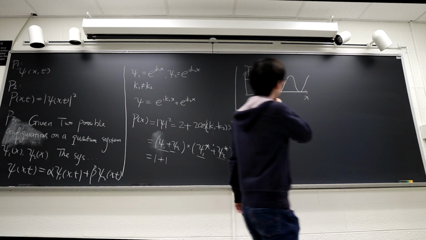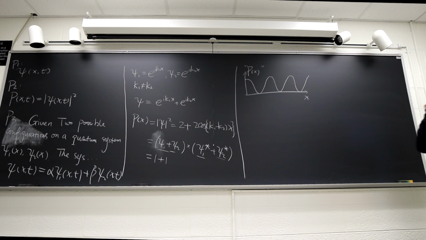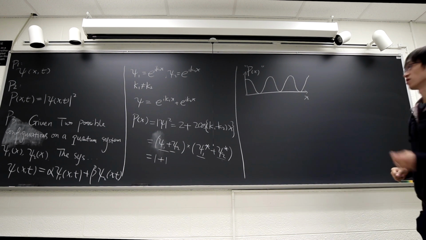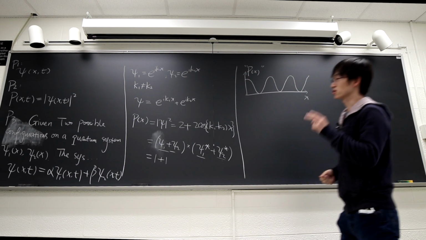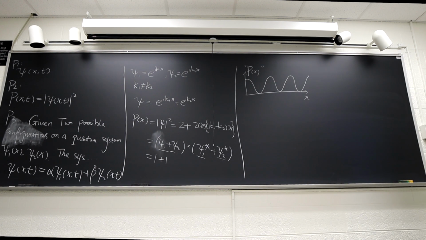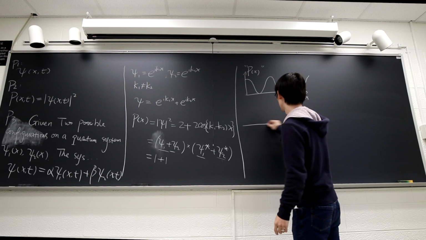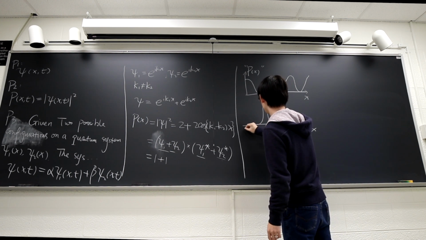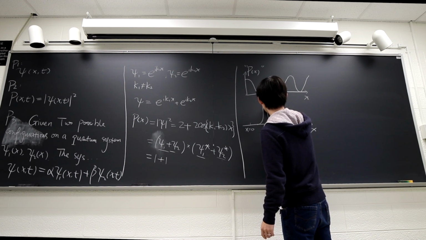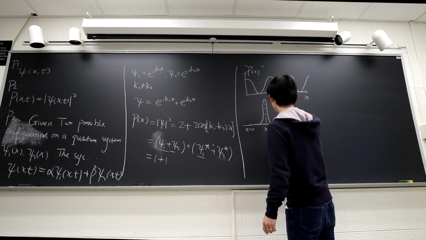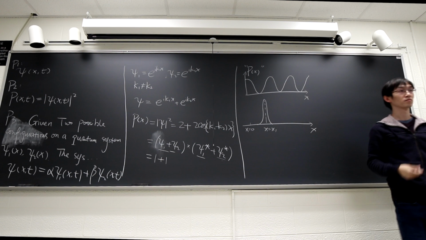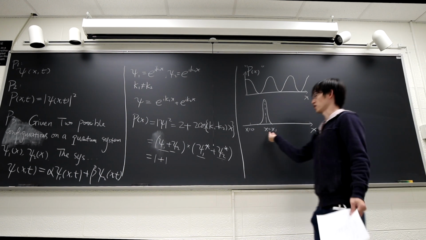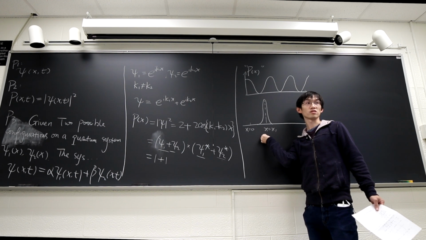Now let's take a deeper look at the states we have discussed. We have discussed two states. One is that a particle is at position x1. That's a very classical state: you find the electron at a certain position.